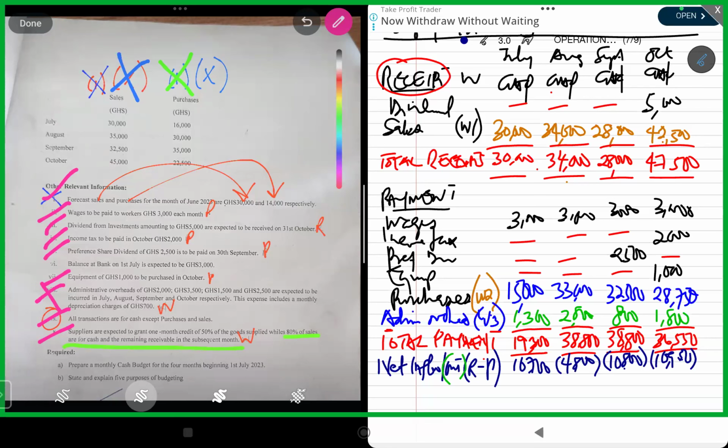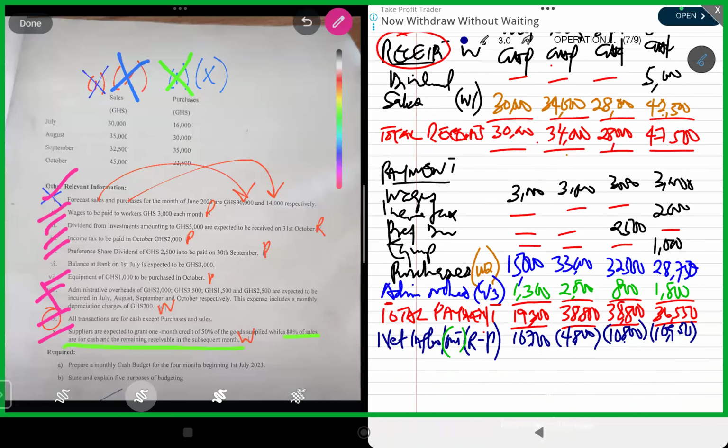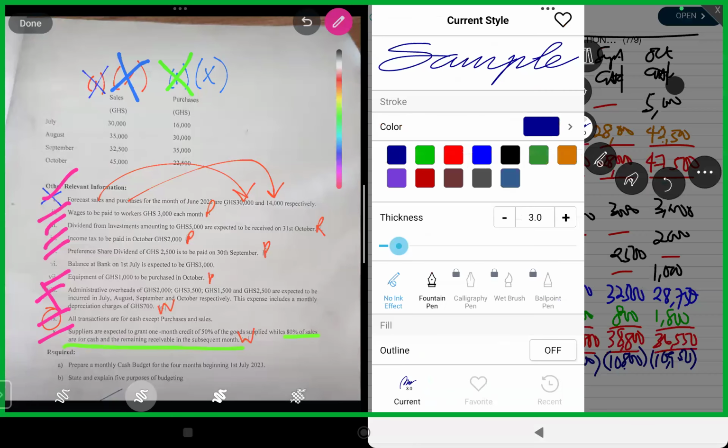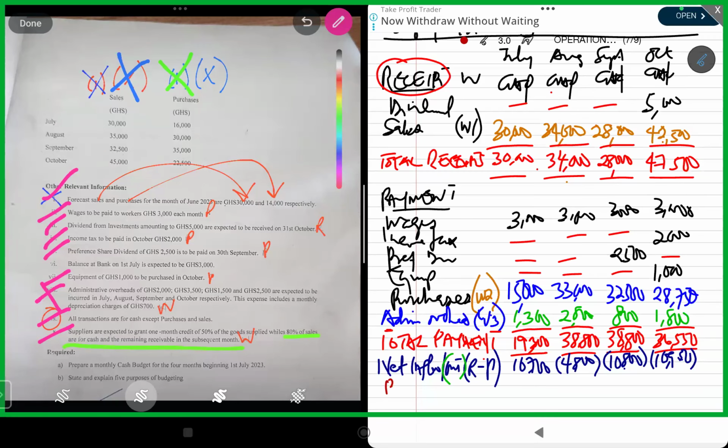That's it. Then, when you finish with this, you then bring in the bank figure. It's the last but one item. So I'll write here bank balance. What's the bank balance?